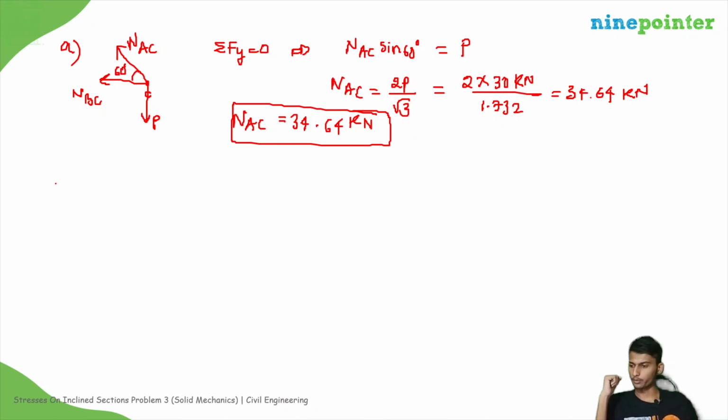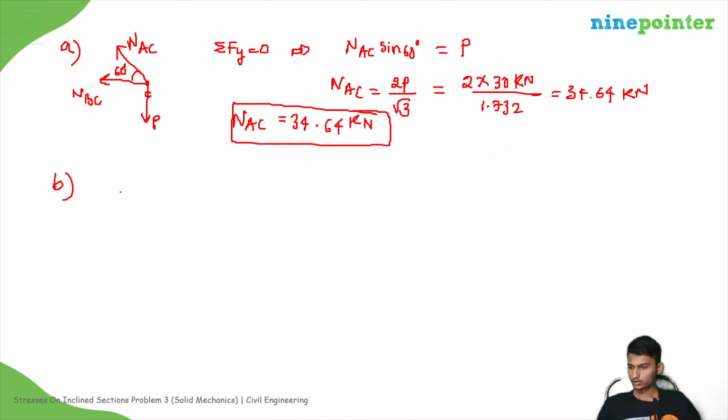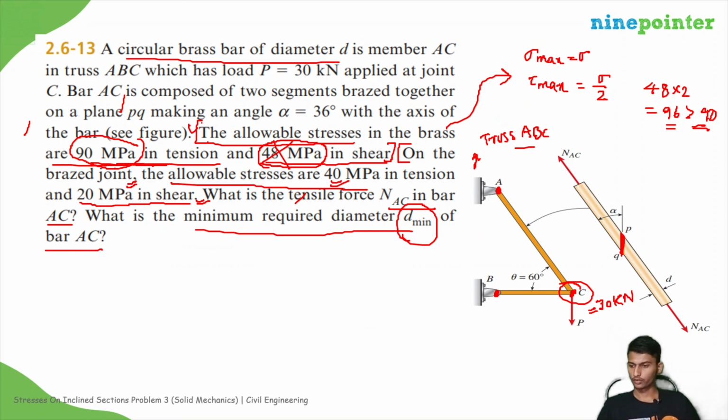So let us go to part B. What is the minimum required diameter D minimum of bar AC? So we need to find out D minimum of the bar AC. So see, bar AC is subjected to NAC, right? So if you consider the first case, this is first and this is second.